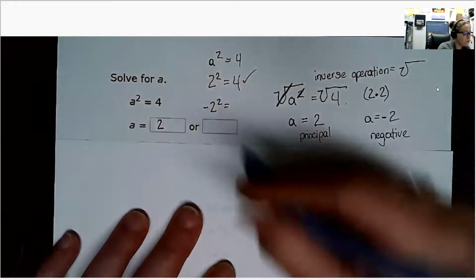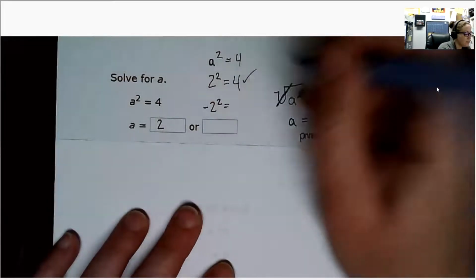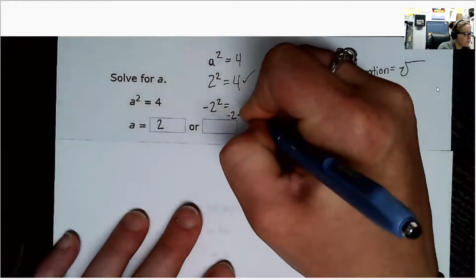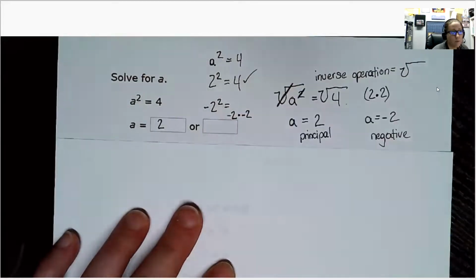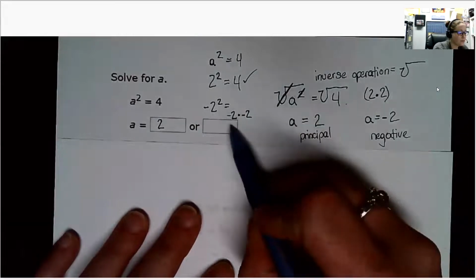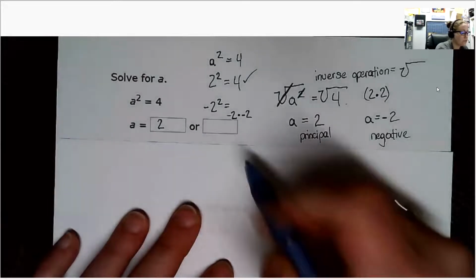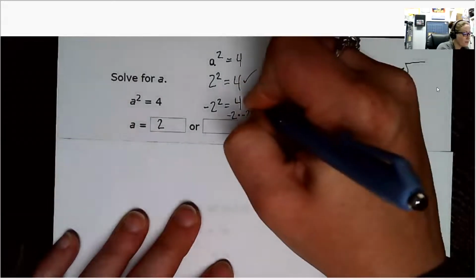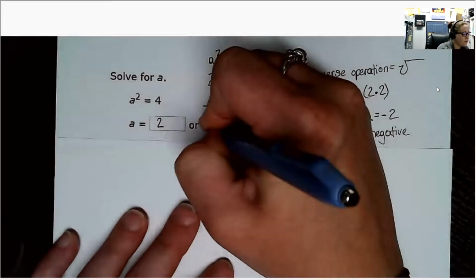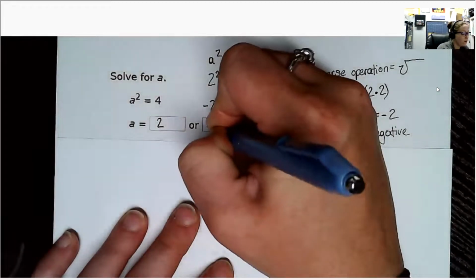Negative 2 squared is the same thing as negative 2 times negative 2. And remember those rules of integers: if you are multiplying two numbers that have the same sign, your answer will be positive. So negative 2 times negative 2 will also give us a positive 4. So it does work, and our answer for this is 2 or negative 2.